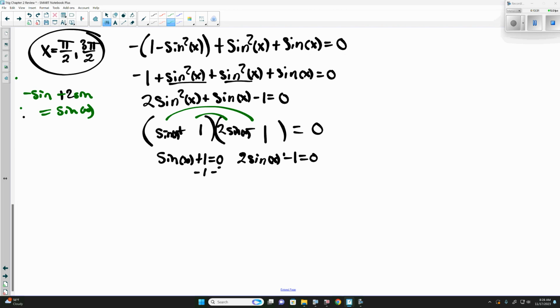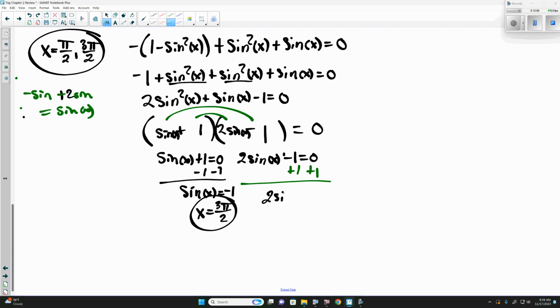Here, we can subtract 1 from both sides, telling us sine of x is equal to negative 1. And the only spot where sine of x is negative 1 between 0 and 2 pi is 3 pi over 2. It's already been listed. Now the other side, we can add 1 to both sides, telling us 2 sine of x is equal to 1.